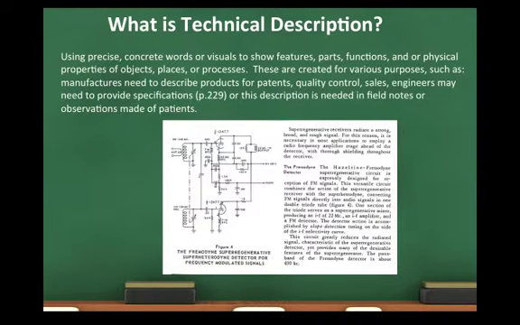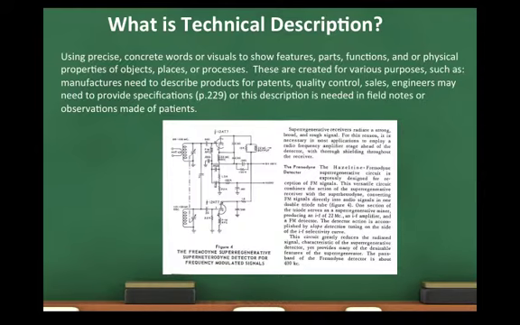For instance, a manufacturer may need to describe products for a patent, if they're trying to obtain a patent for a particular object, or for quality control purposes, or for the sales of that particular product. It could be observations made in the field that need to be communicated to a client or a supervisor: what the field looked like, what the soil was like, what the place was like.